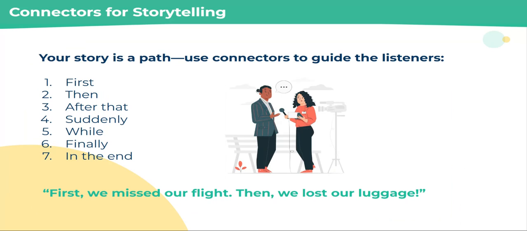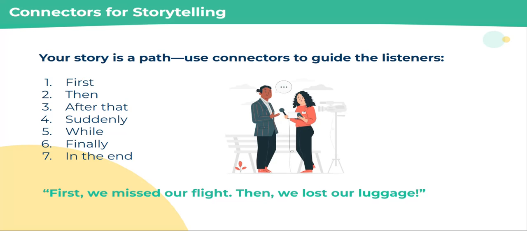Something we need as well, and it's very important to have a cohesive story, is connectors. Your connectors guide your listener because they tell them what is the first thing that happened, what happened after. It helps create a path for your story.